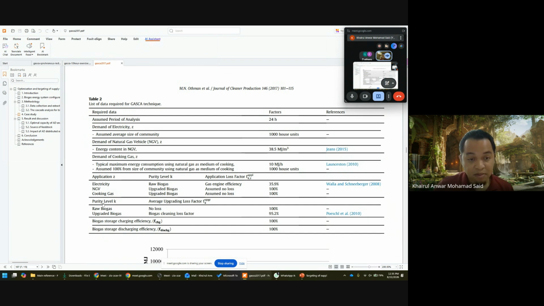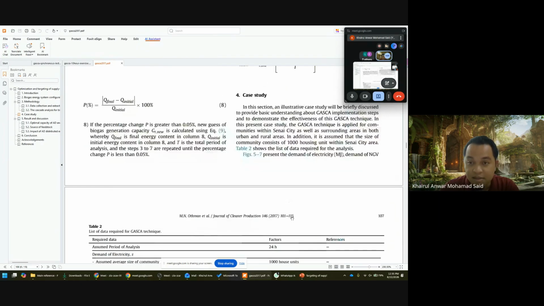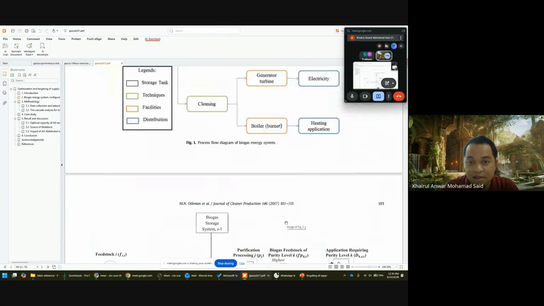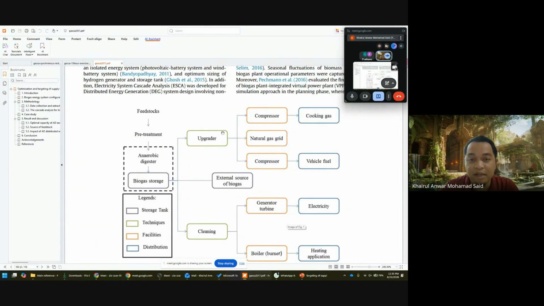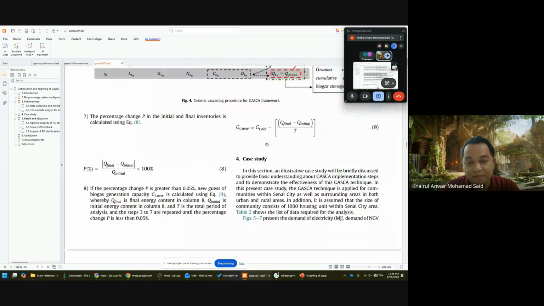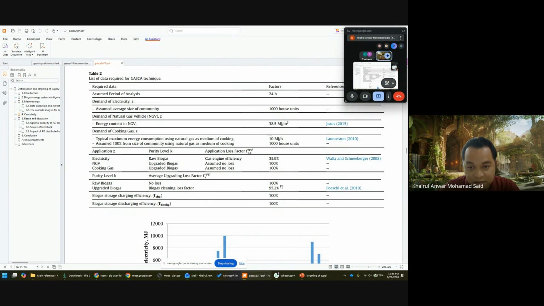If it were using raw biogas, you could use 100%. But since the gas is cleaned and upgraded, we don't use raw biogas, so you need to select this value.